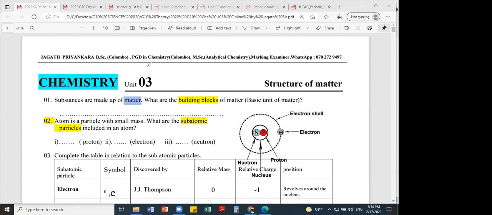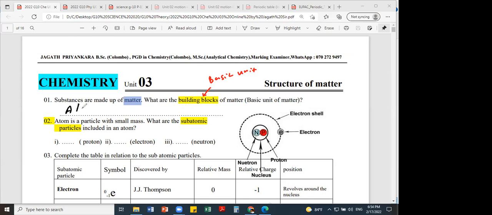Highlight the word if you want. You can write within bracket, basic unit or building unit of matter. What is the answer for this? Atoms. You can write the answer.